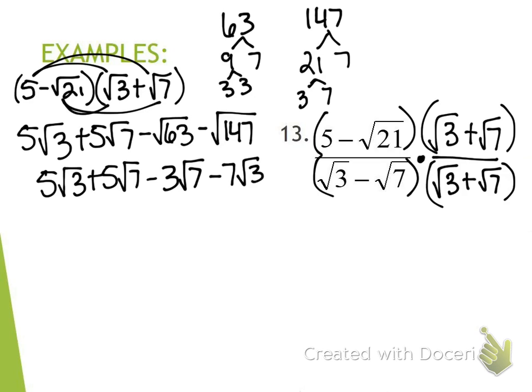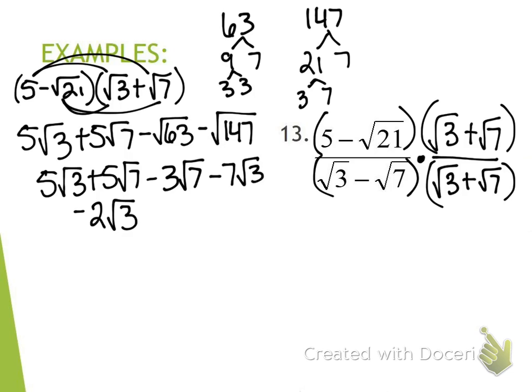Now that we simplified them, what will combine? 5 and 7, 3 and 7. Okay, so the root 3's can combine together. 5 root 3 minus 7 root 3. 5 minus 7? So negative 2 root 3. And then in the middle we have 5 root 7 minus 3 root 7.